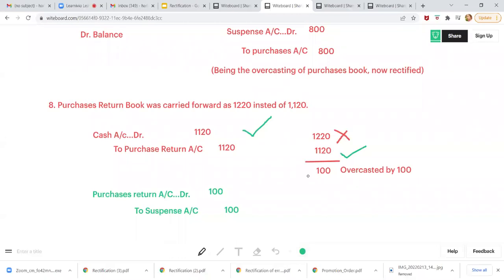So there is an excess amount in the purchases return book. So to nullify this effect, as we know that this purchase return has the credit balance. This has the credit balance, as we have discussed here also.